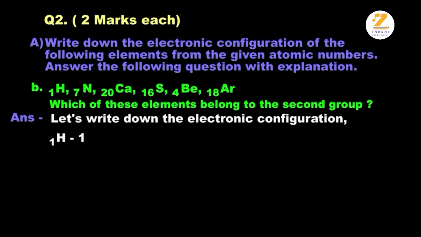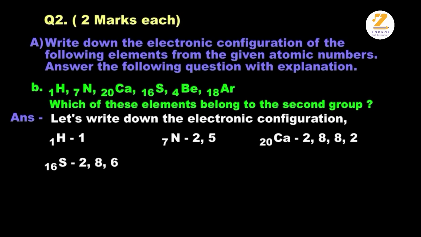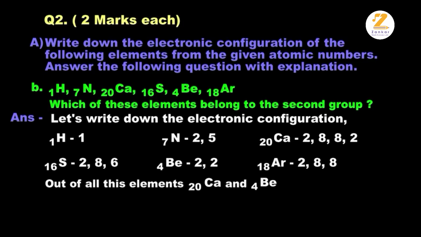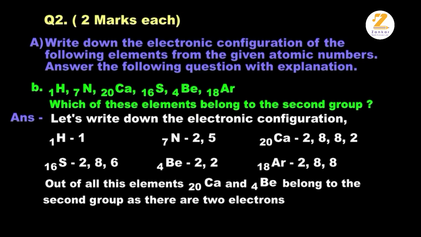Hydrogen 1, nitrogen 2, 5, calcium 2, 8, 8, 2, sulfur 2, 8, 6, beryllium 2, 2, argon 2, 8, 8. Out of all these elements, calcium and beryllium belong to the second group as there are 2 electrons each in their outermost shell.